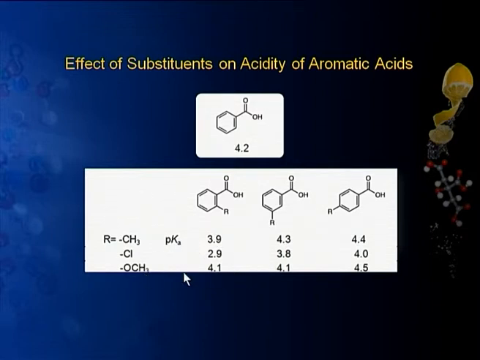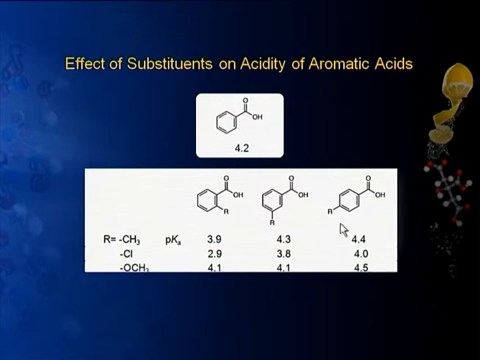You know that through meta position a resonance effect does not operate. So, what we find is that meta-methoxy benzoic acid is slightly more acidic than simple benzoic acid. Ortho-methoxy is also stronger than simple benzoic acid, although here a resonance effect will be decreasing the acidity. And when the methoxyl is at para position, inductive effect is very less and resonance effect is operative.